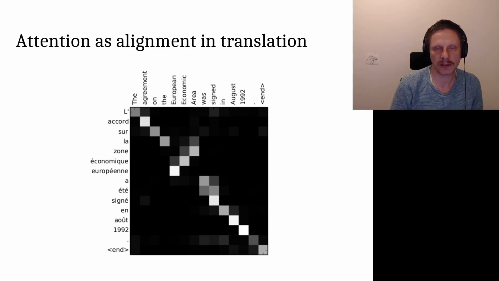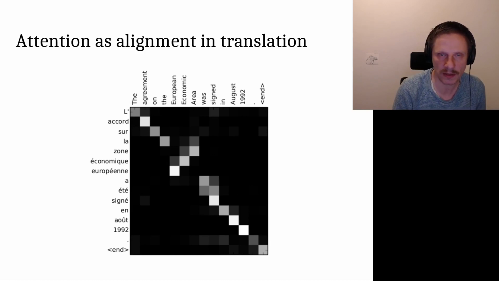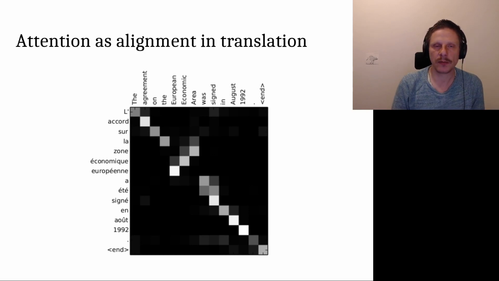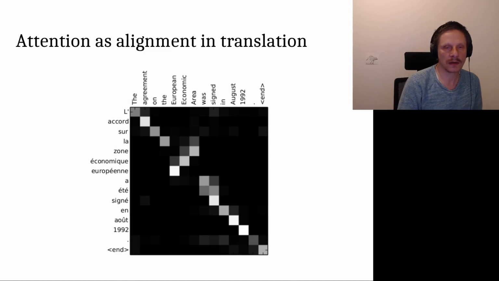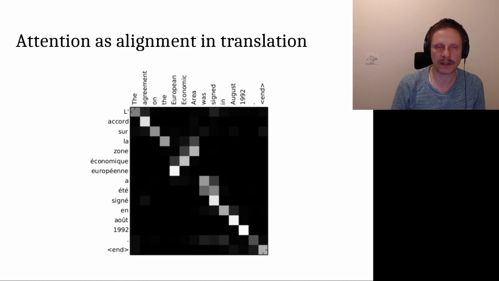And by focusing attention, I simply mean that the prediction at this point is conditioned on a weighted sum of the hidden states corresponding to positions in the input, and the weight is the highest for the position corresponding to European. So the attention mechanism in the simplest case is simply some kind of weighted sum.